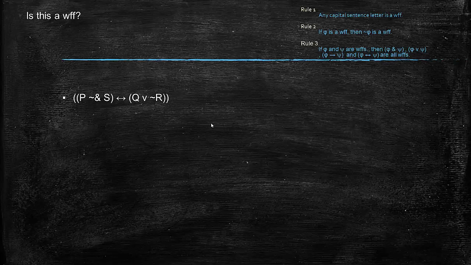Sure. Okay, is this a woof? First blush, it looks kind of like it might be, but you can probably see a little problem. So, okay, P is a woof. S is a woof.